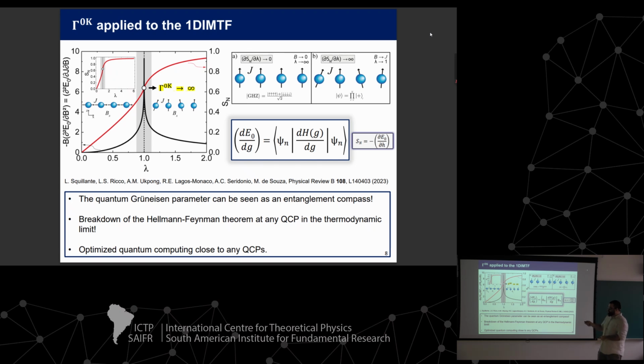So this shows that if you have a quantum system and you are interested in making quantum computations, your entanglement entropy variation will be maximized close to critical points. So if you're looking to optimize your entanglement-based quantum computation, go close to the quantum critical point, because your entanglement will vary a lot in that region.